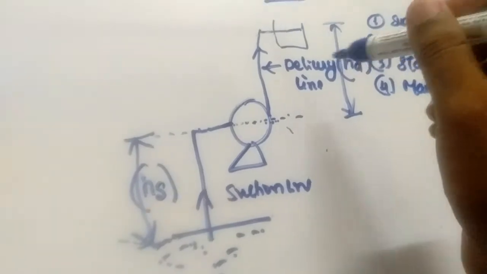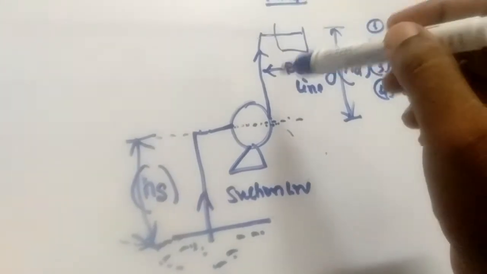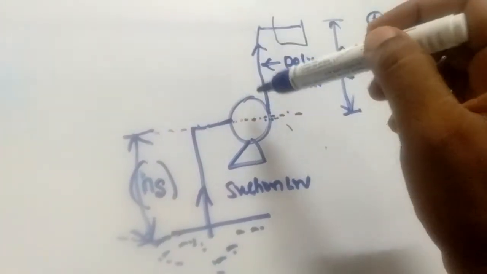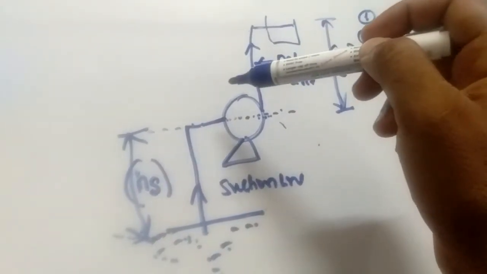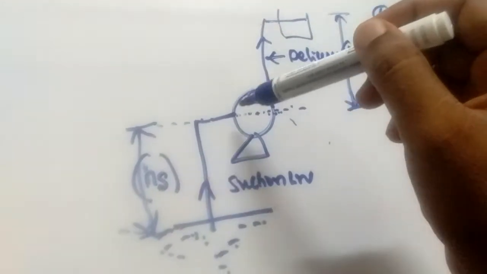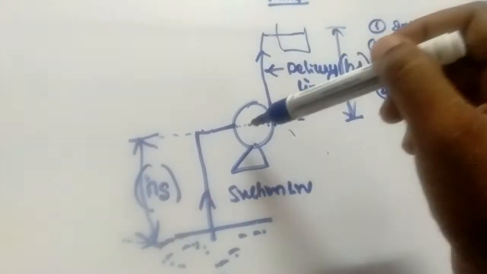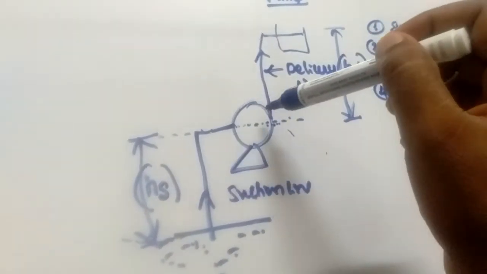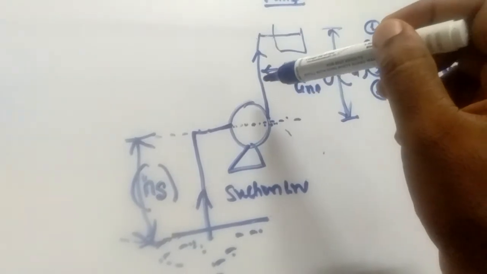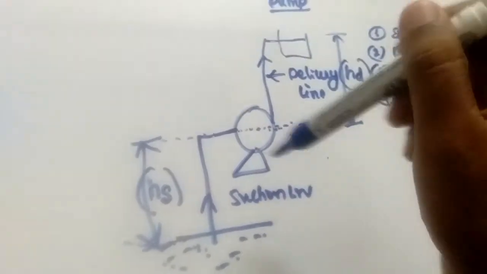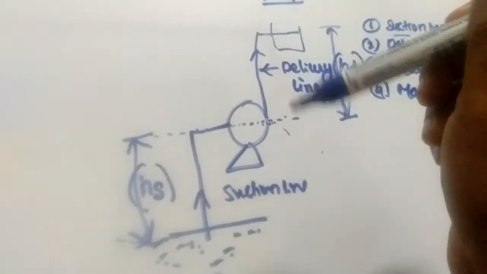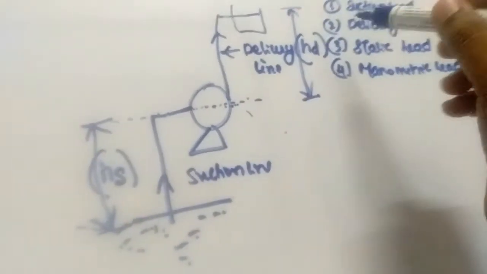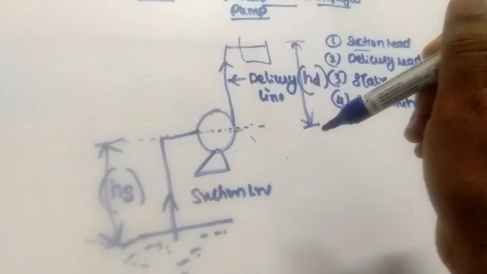We express head in terms of height of water because it shows how high the water is lifted and carried. So this is the delivery head. I hope you understand the delivery head.